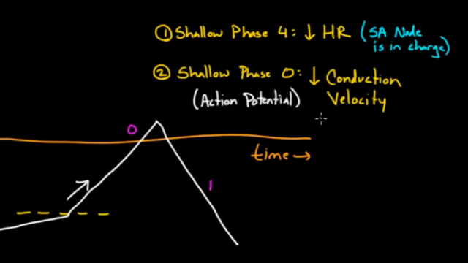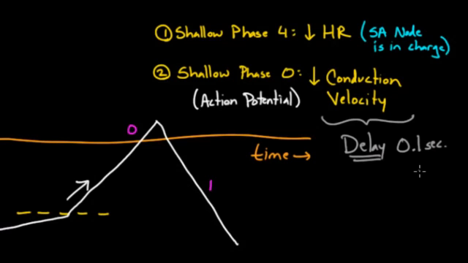And now you might be thinking, wait a second, we've talked about this before, because this sluggishness, this decreased conduction velocity, is the explanation, we think, for the delay. So remember, in the AV node, you have a delay, and usually it's about 0.1 seconds. And this is the reason why: because this phase 0 is going up so sluggishly, so slowly, that it creates a delay between the atria and the ventricles.